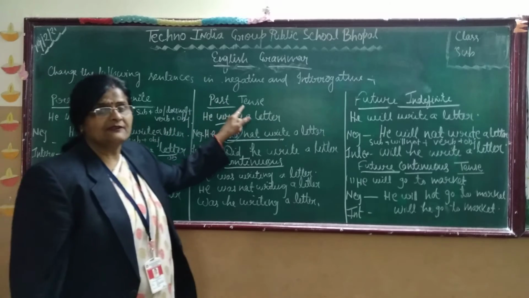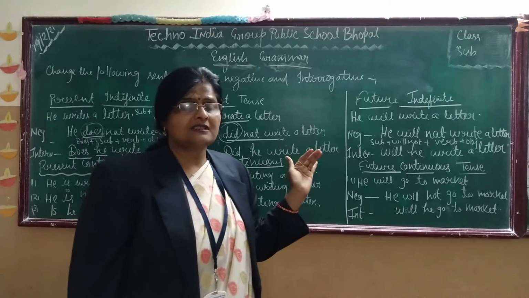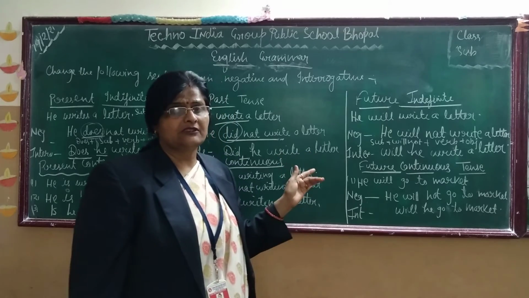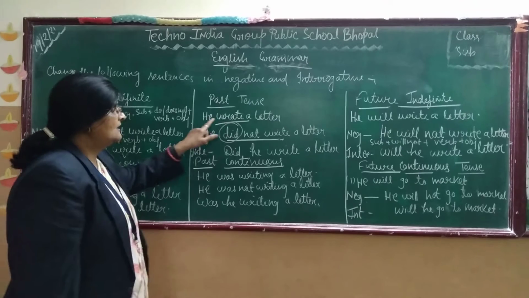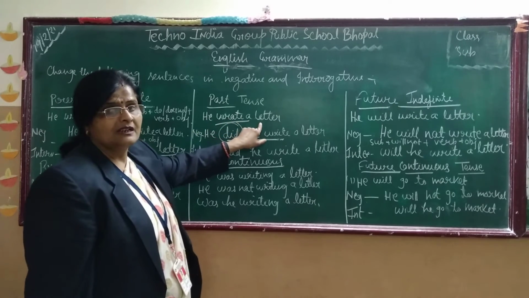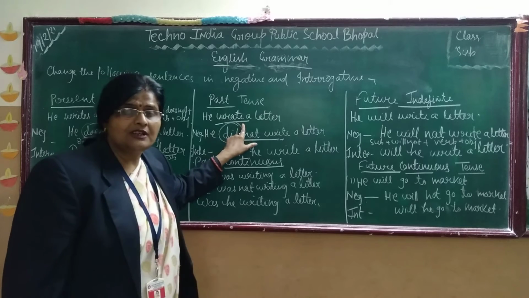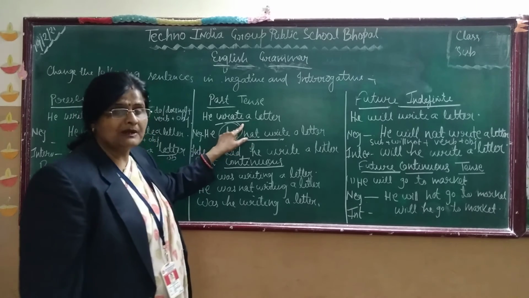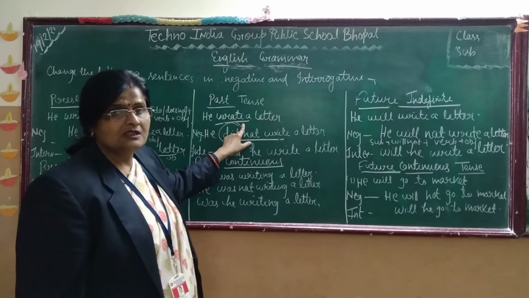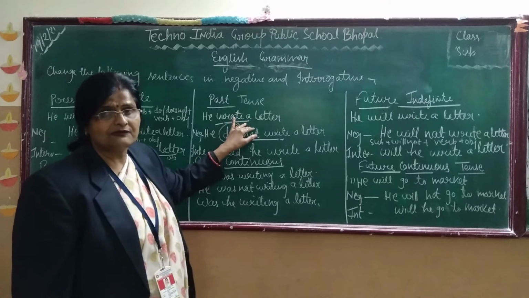Next is past indefinite tense. In the past indefinite tense, if we have to change sentences into negative or interrogative, then we will use did. He wrote a letter. Why do we use wrote here? Because in past tense we always use the second form of the verb. Write is the first form and wrote is the second form.